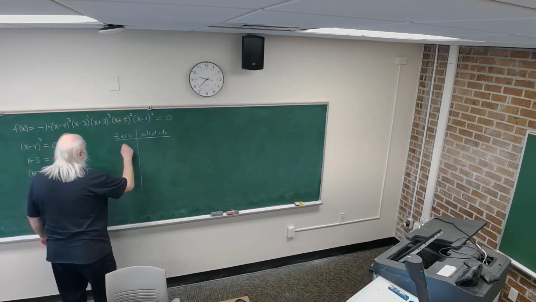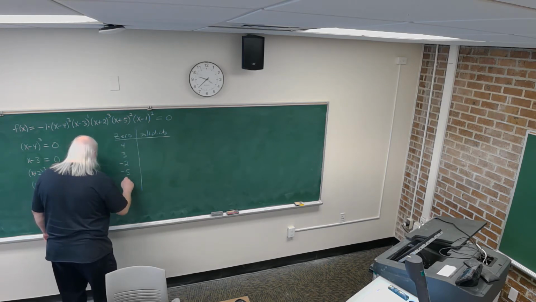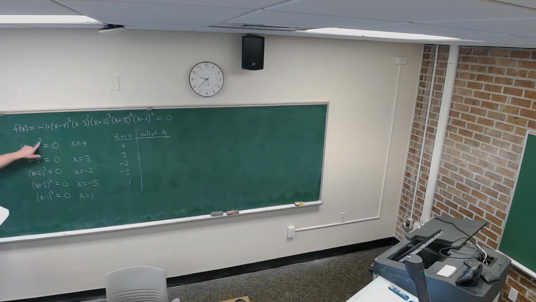So the zeros are 4, 3, minus 2, minus 5, and 1. And the multiplicity is equal to the exponent over here on the left-hand side, because (x minus 4) cubed is equal to (x minus 4) times (x minus 4) times (x minus 4). So there are 3 places where I can put the number 4, and this product will equal 0. So we say x equals 4 is a zero with multiplicity 3.